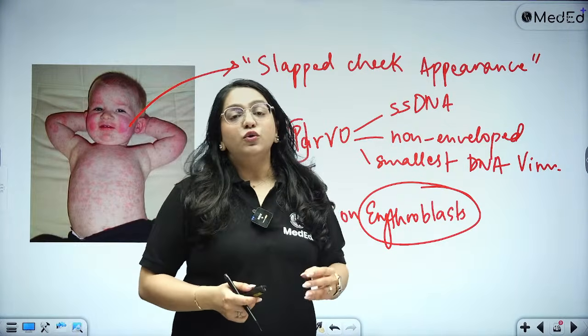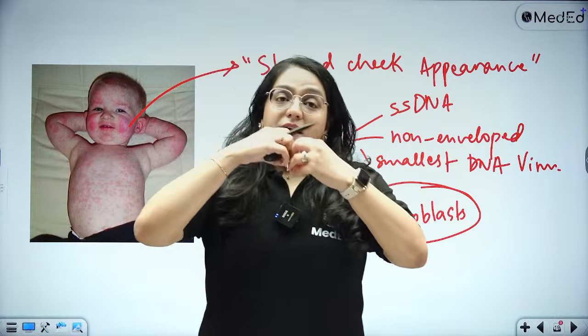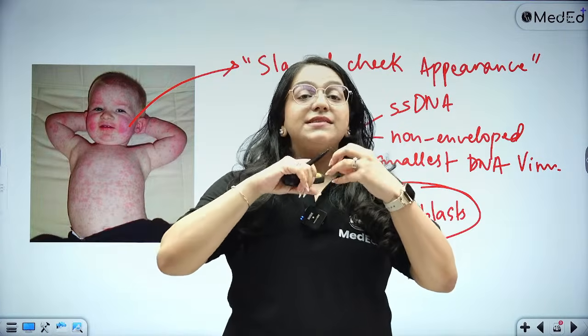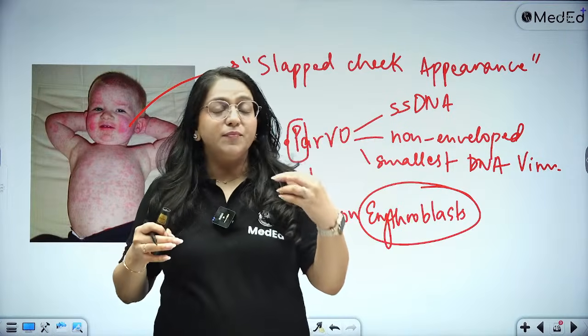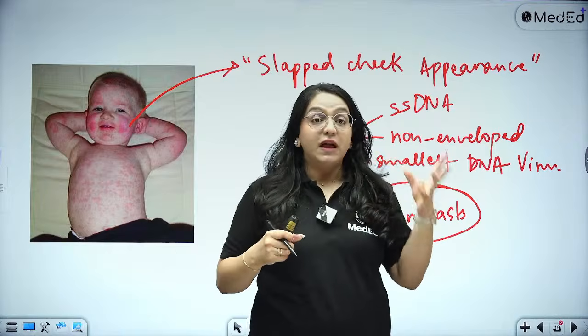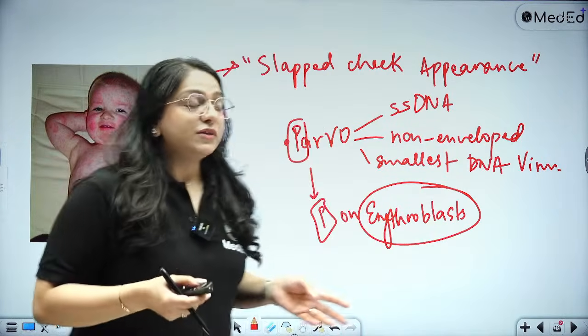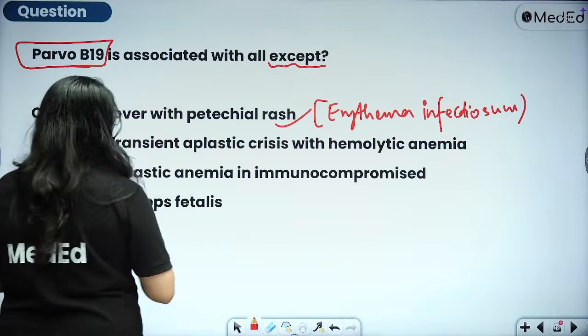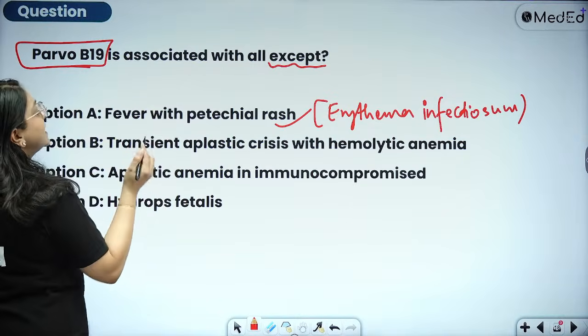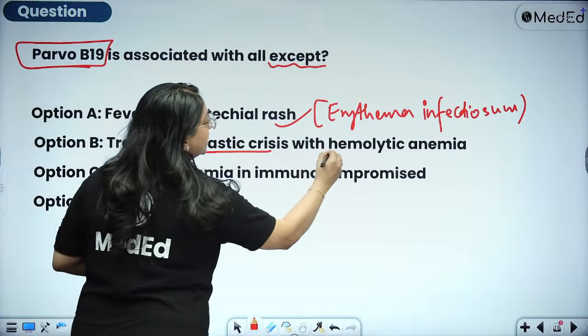So what is it going to do? It is going to lead to aplastic crisis, because these RBCs will not be able to develop, and also it will lead to damage of these RBCs. So it also leads to hemolysis. So it says transient aplastic crisis with hemolytic anemia.